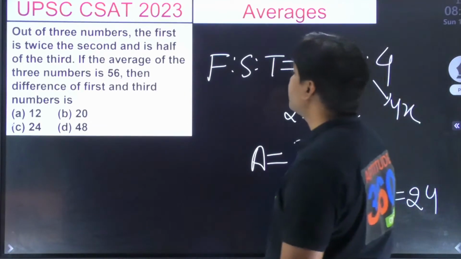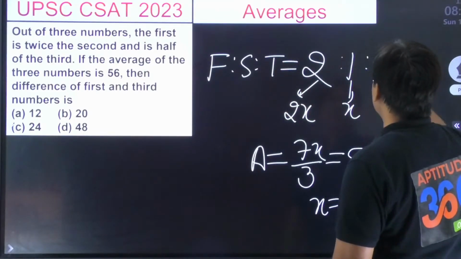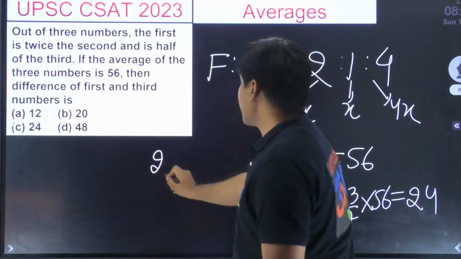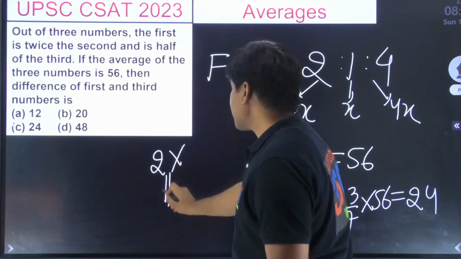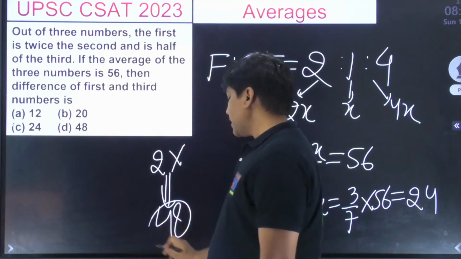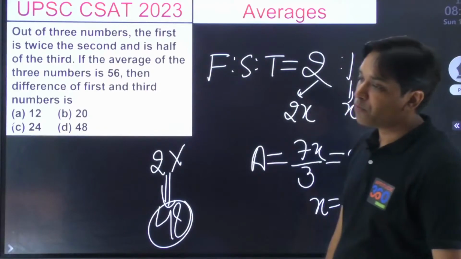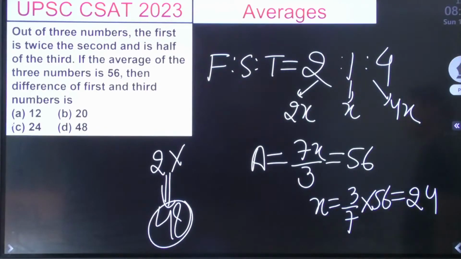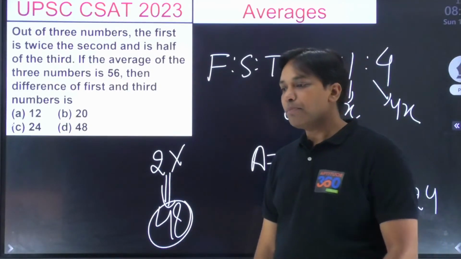Then difference of the first and the third number. First and the third number का difference कितना? 2x. What is the value of 2x? It is 48. Everybody is getting the right answer. Debashish, Vishal, Muskan, Karthik, Manoj, Rohan, all of you are getting the right answer.